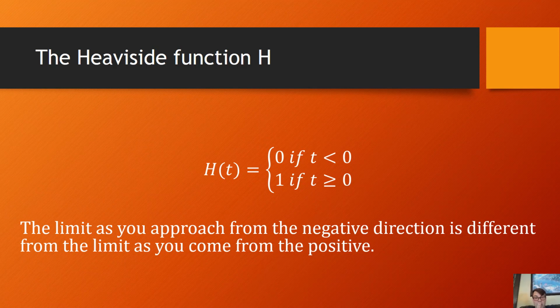When you get to 0, you have one limit approaching from the left and another limit approaching from the right. Basically, this function illustrates the fact that in some cases, the limit as you approach from a different direction, positive or negative, can come to a different number at the same basic spot.